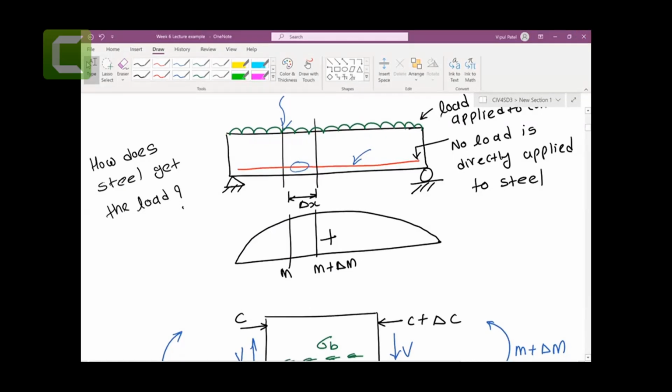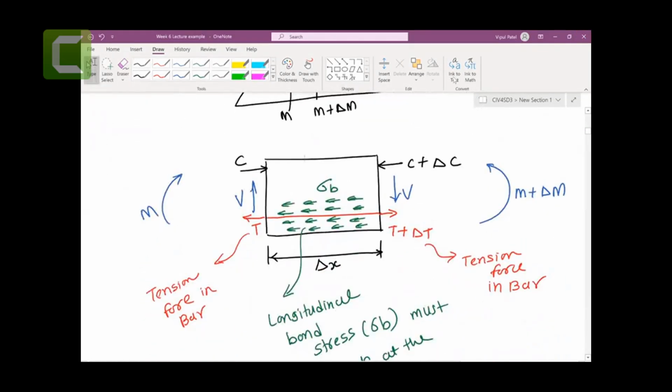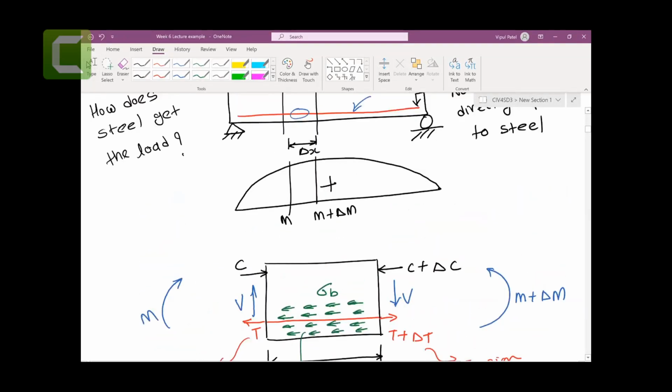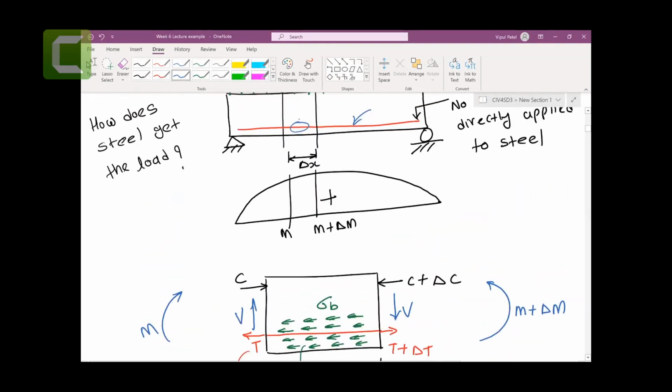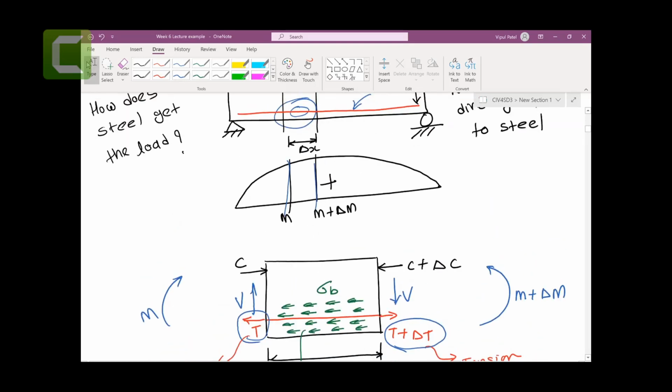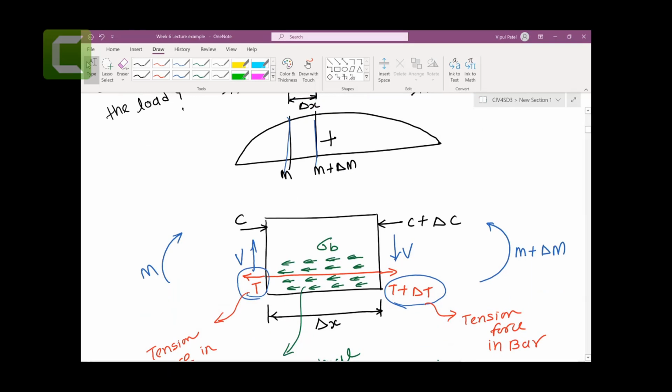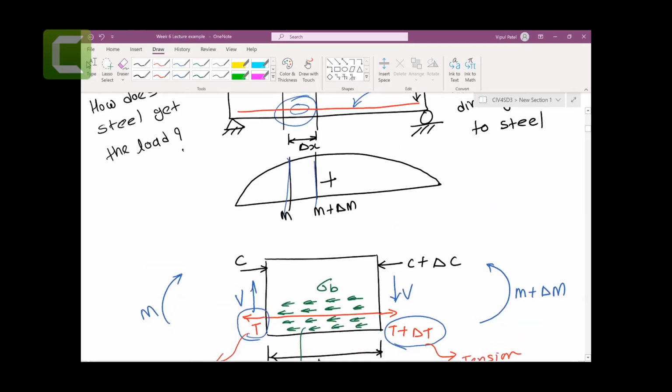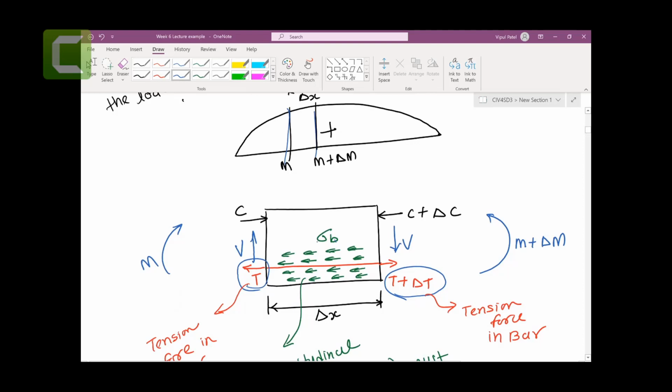Basically, if you take a typical cross section of this and magnify it, and take the bending moment on both sides, there will be a tension here and a tension here. There are two different tensions because, due to different bending moments, your bar will experience different stresses and forces. This bond, in the green color, the bond stress or bond force, is equal to this extra tension, because it should be in equilibrium.